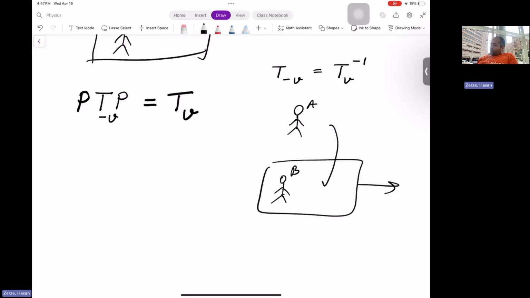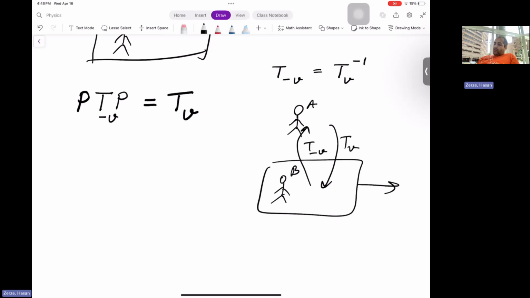If you do one transformation from here to here, and then another transformation from here to here, T minus v, that will cancel out. So you go back to the original state. So there is going to be no change in the delta x, no change in the delta t's. So it would be as if you're applying a unit matrix. So T minus v is the inverse of TV, we can say.